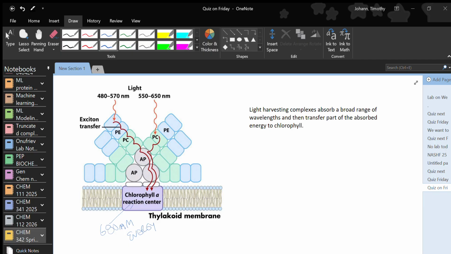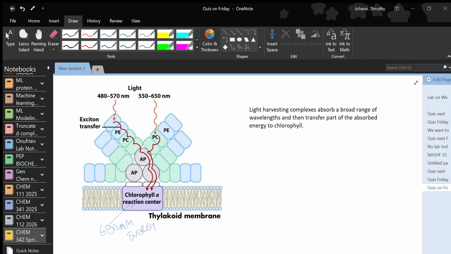This is where we've got the protein P680, and this is what's going to provide it with the energy. I'm about to draw it out, but other quick questions?